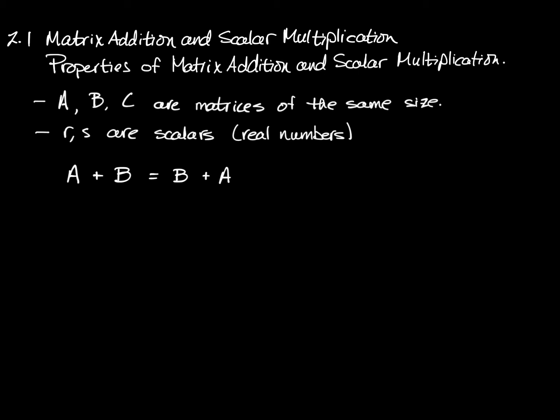So, and I'll actually make a note of this here, because the addition of real numbers is what we call commutative, right? Because real number addition is commutative.